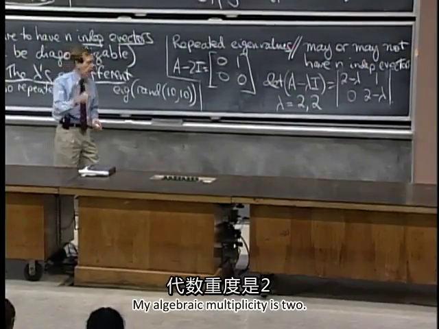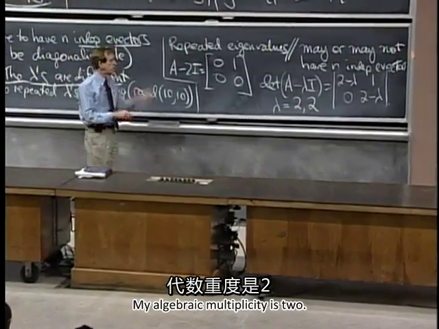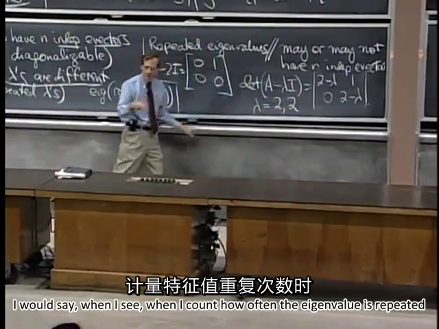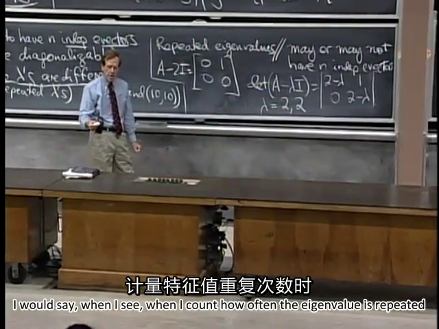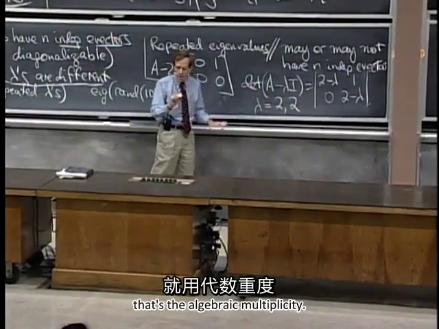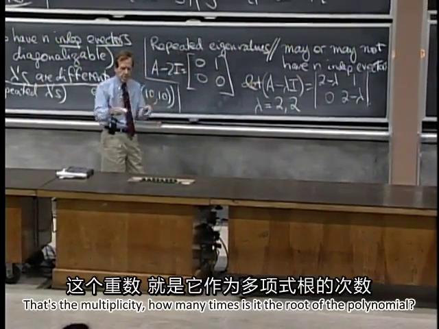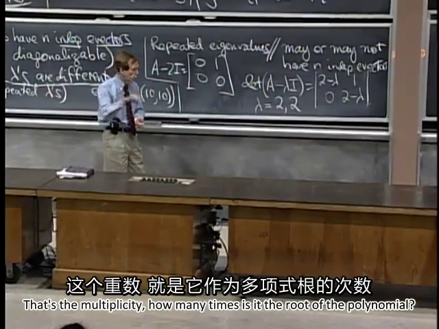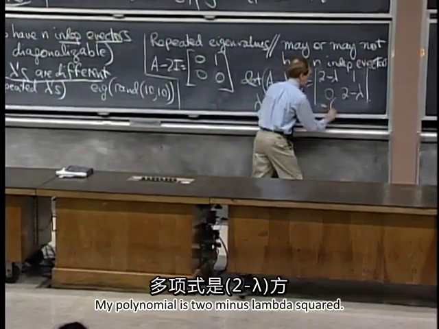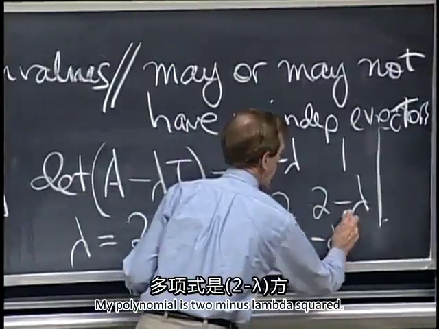My algebraic multiplicity is 2. When I count how often the eigenvalue is repeated, that's the algebraic multiplicity. How many times is it the root of the polynomial? My polynomial is 2 minus lambda squared.